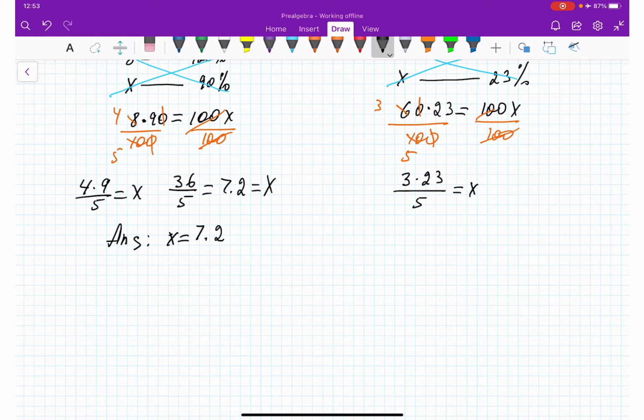So 69 divided by 5. 1 times 5, minus, 19 divided by 5 is 3 times 15, right? Minus, it's going to be 4, 0, since I'm adding decimal, so putting this point. And 40 divided by 5 is 8. So 13.8. So our x is equal 13.8. Okay? And this is the answer.